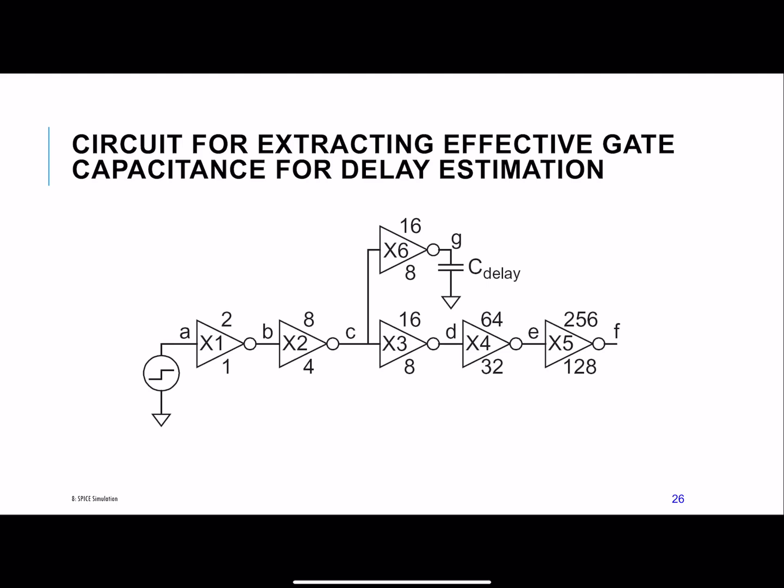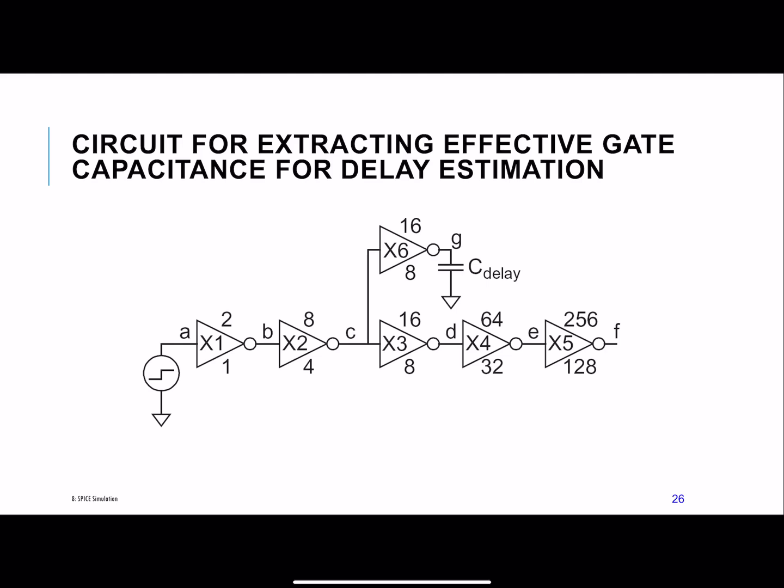So here's some of the stuff you'll need for the project. Some of the things you can do is try to extract some of the parameters for the logical effort from doing the SPICE simulation. So you just do this once and get these numbers, and then you can use them for hand calculations later.